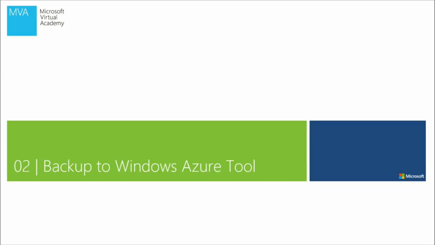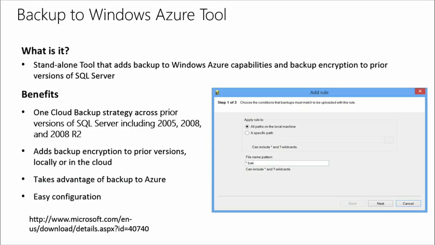This is the part I want to hand over to George, so he can tell us a bit more. So we haven't forgotten about all of you who are still using SQL 2008, 2008 R2, and for those of you who want encryption for SQL 2012. So what we've done is we have released a tool called, creatively, Microsoft Backup to Windows Azure tool.